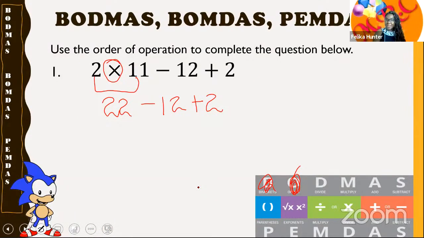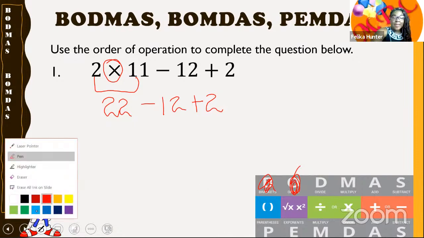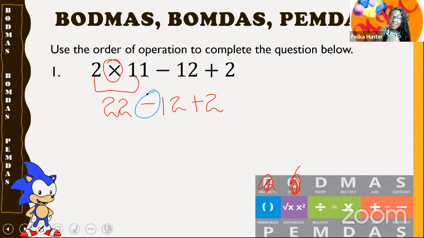Now take a second, look at it, and tell me what you're going to do next. Yes, we're going to do the subtraction. So let's highlight our subtraction. There goes our subtraction. So we have the option of doing addition or subtraction at this stage. However, we are doing it based on what comes first, right?